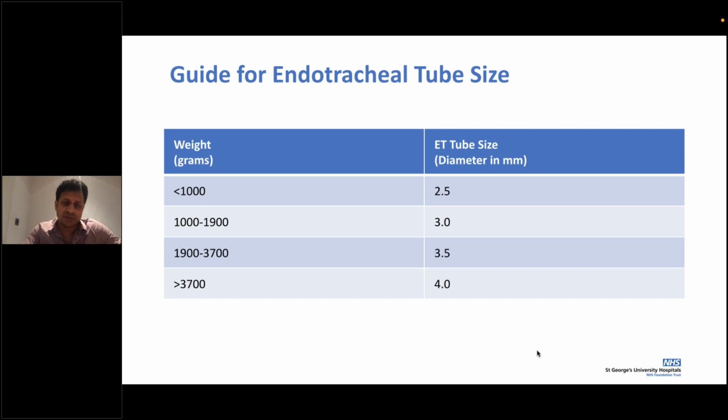The sizes used on the neonatal unit are usually between 2.5 and 3.5. If there is difficulty inserting a 2.5, there is a size 2 available, and you're very welcome to insert that as an emergency, and we tend to upsize it on the neonatal unit once the baby is more stable.